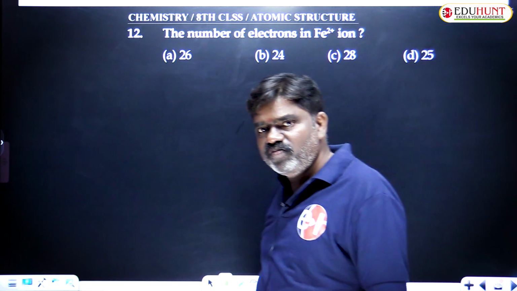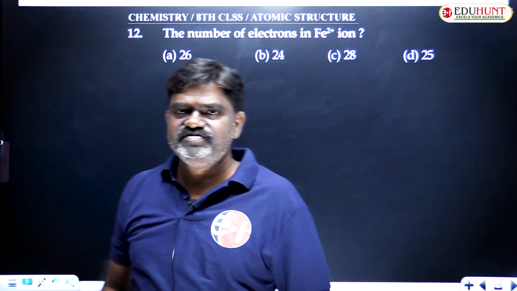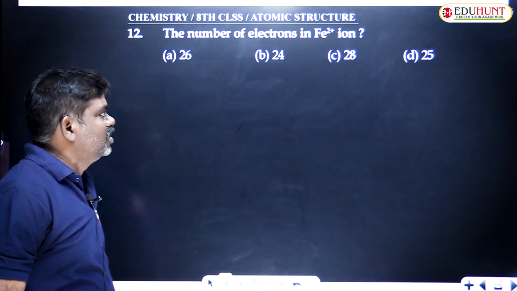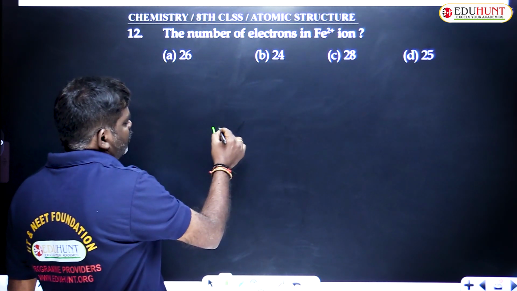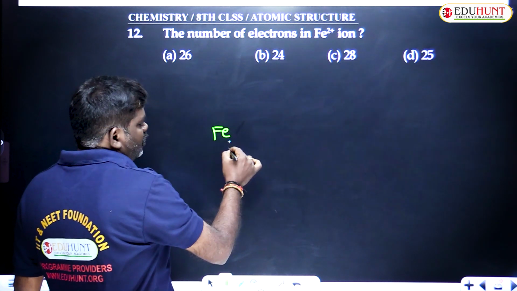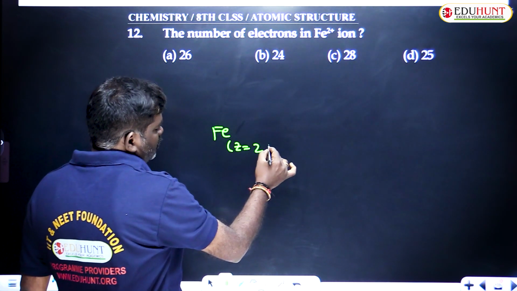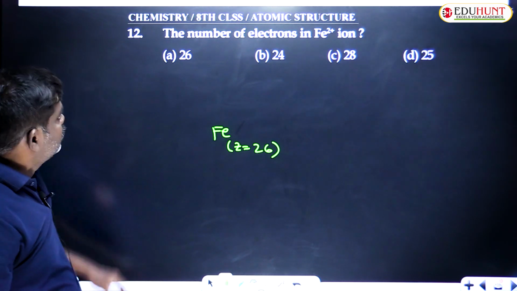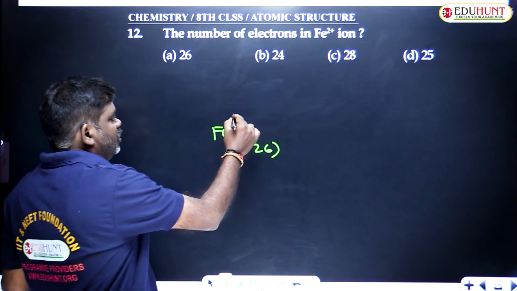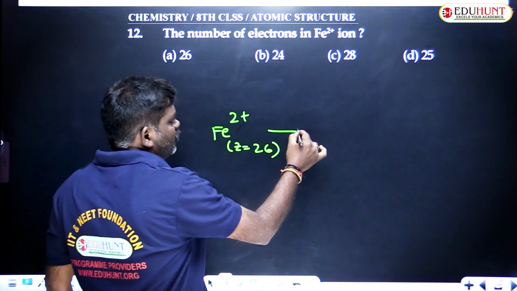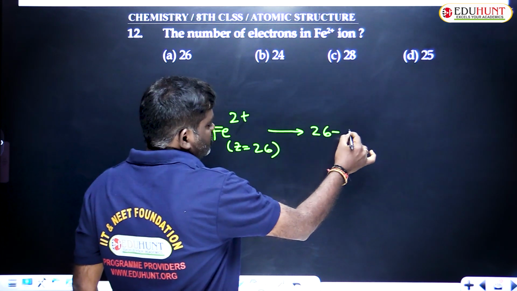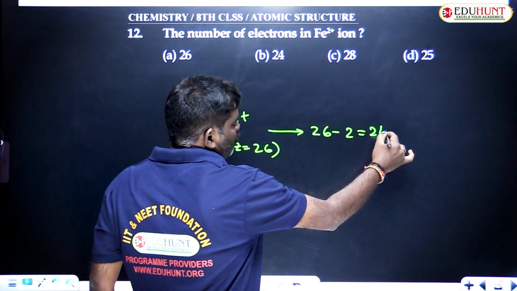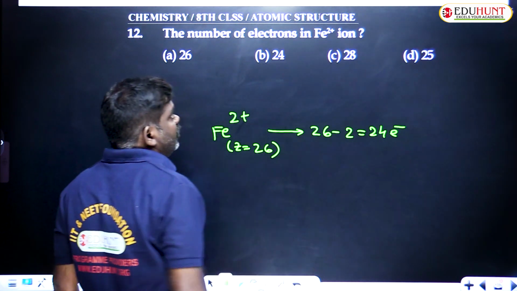What is the atomic number of iron? Iron atomic number is 26. Then Fe2 plus means it lost 2 electrons: 26 minus 2 gives 24 electrons present in the Fe2 plus ion.